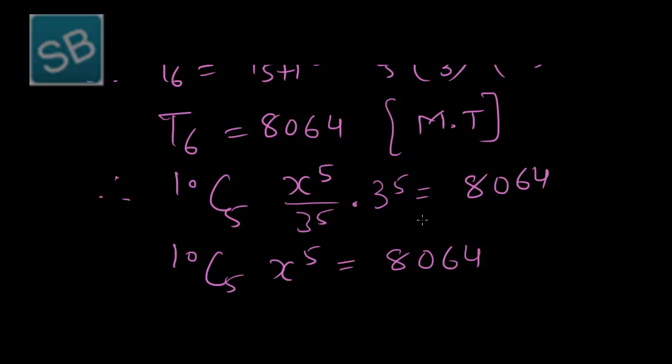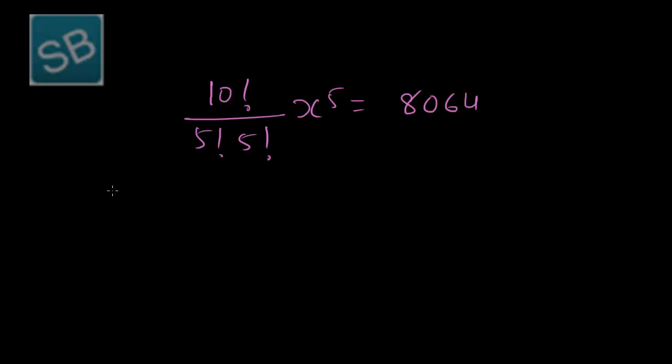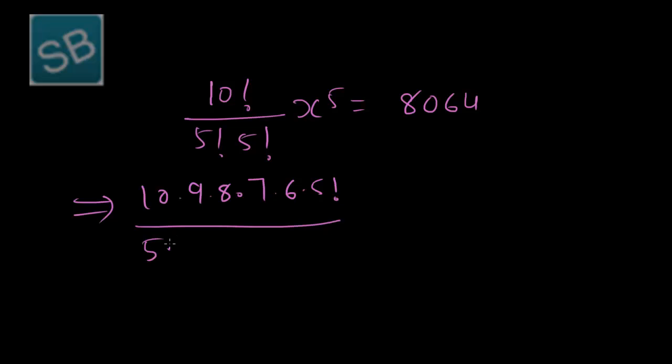Now we have to find x. That is 10 factorial over 5 factorial into 5 factorial, x^5 is 8064. That is 10 into 9 into 8 into 7 into 6 into 5 factorial over 5 into 4 into 3 into 2 into 1 into 5 factorial is equal to 8064.